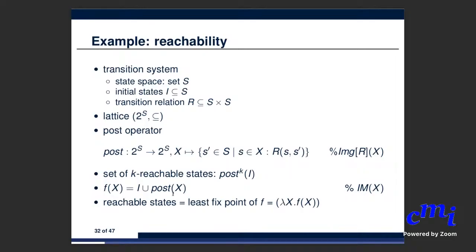Of course, you have to show the continuity as well. Since for our application we assume our domain is finite, monotonicity automatically guarantees continuity, and therefore the least fixed point can be computed using Kleene iteration.